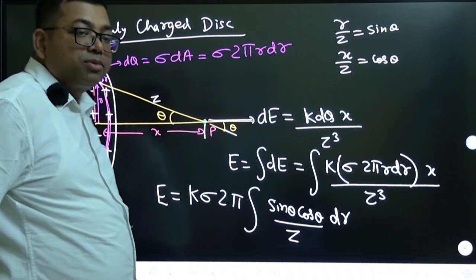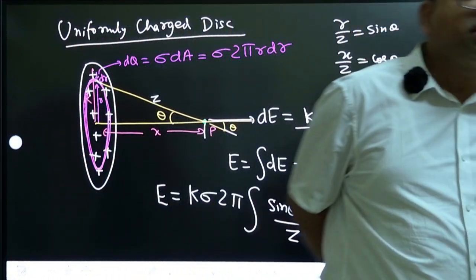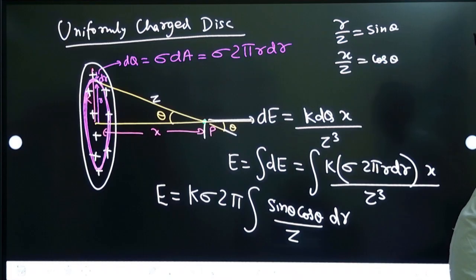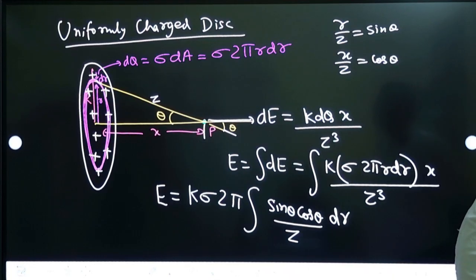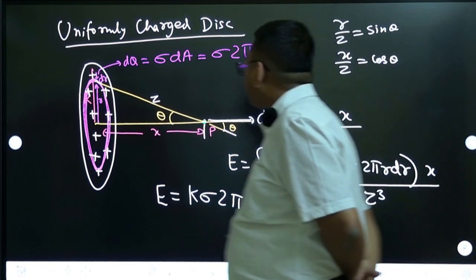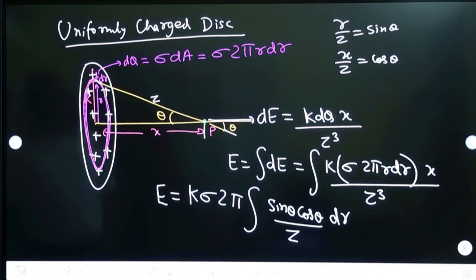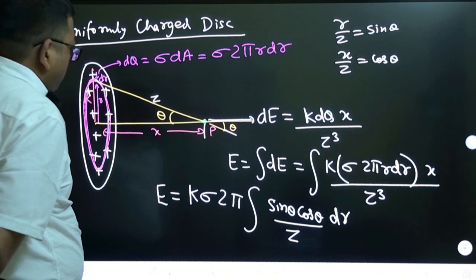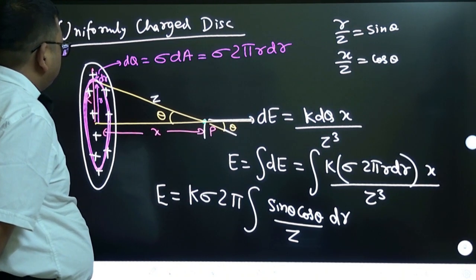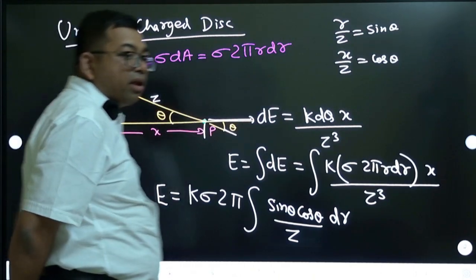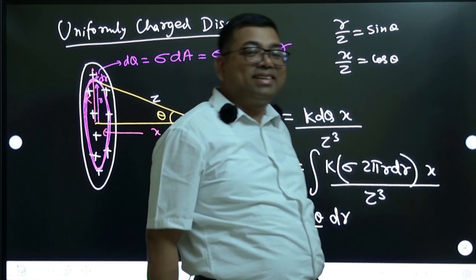So try to bring it in terms of d theta. I think if you try to bring in d theta, then it is possible. How to do that? How to write dr? What do you think? Here note a very important thing: x is constant.